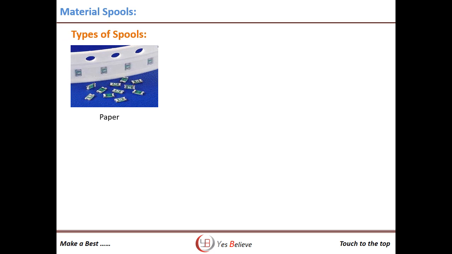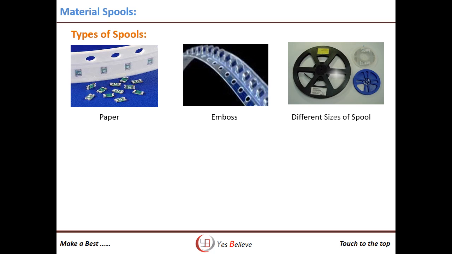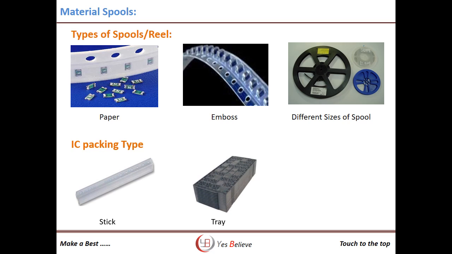The SMD components are packed in reel or spool form. The different types of spools available are paper type, used for standard package components only, and the ESD embossed type for other and semiconductor materials. Depending upon customer requirement, the ICs are packed in stick form, tray form or spool form.